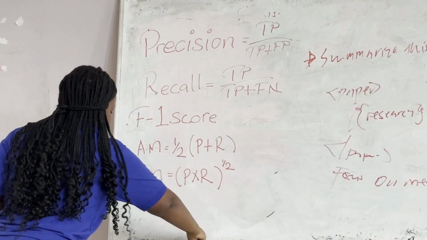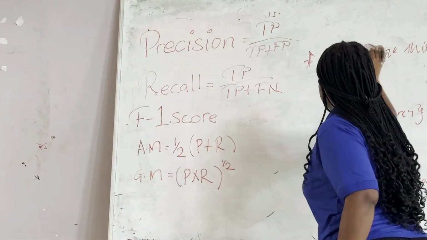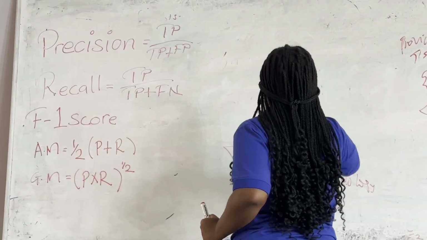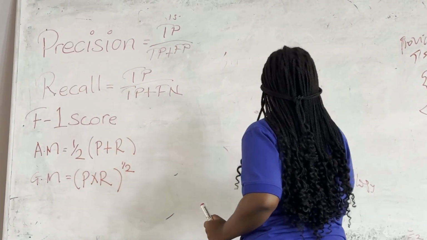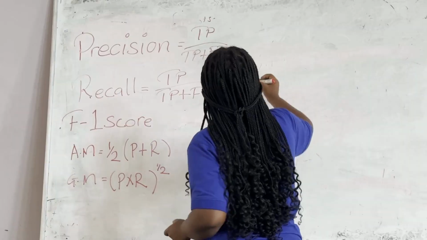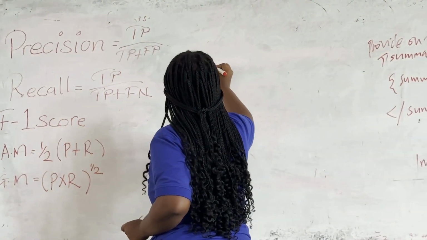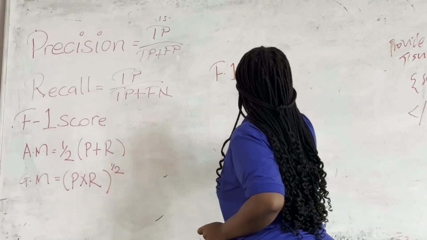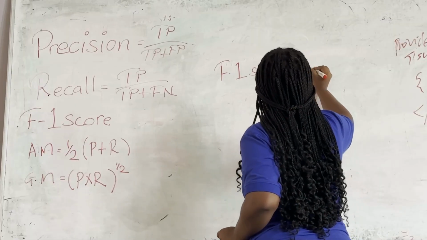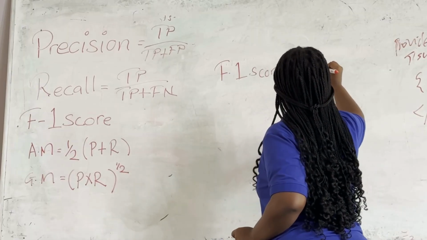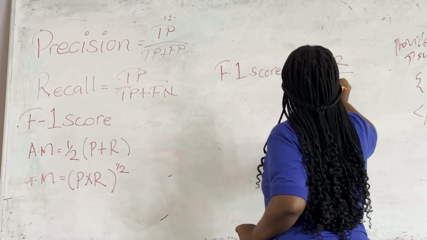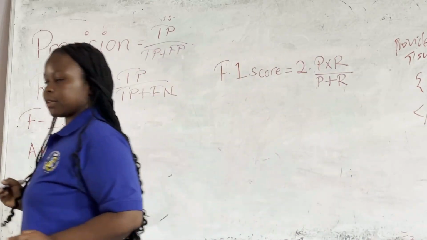But this time we're interested in the harmonic mean. So the F1 score is equal to 2 times precision times recall, out of precision plus recall.